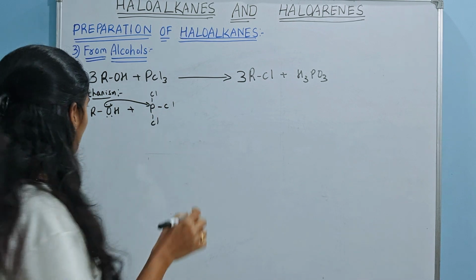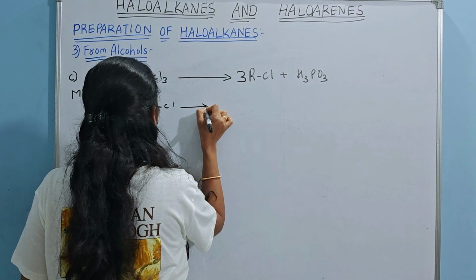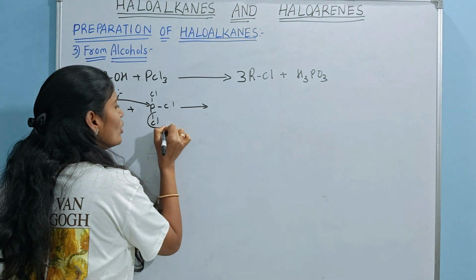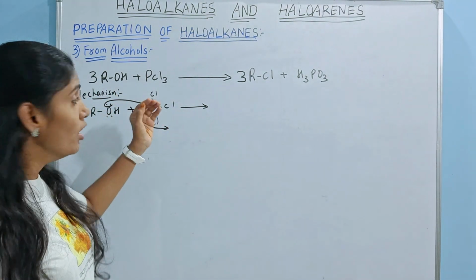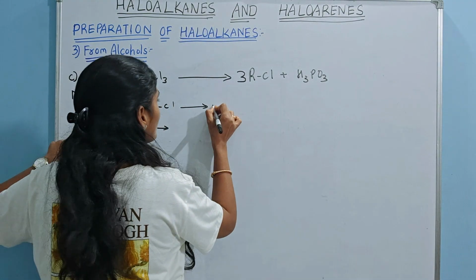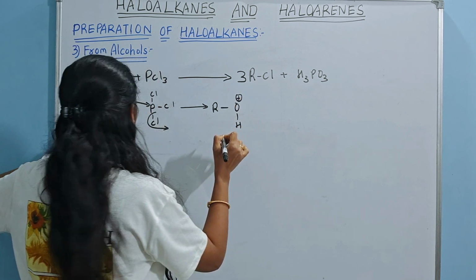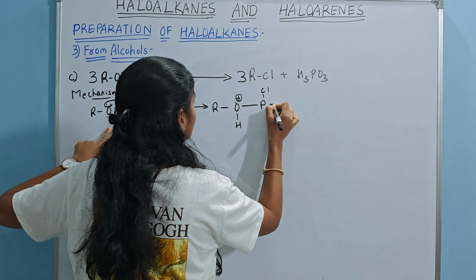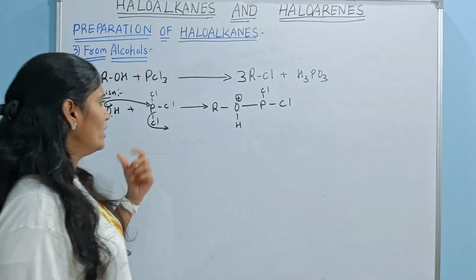What will happen when phosphorus takes the lone pair from oxygen? This Cl will go along with its shared pair of electrons and become Cl minus. Because oxygen has lost its lone pair of electrons, oxygen will get a positive charge and it will have the hydrogen here. Phosphorus will be there along with two chlorine atoms.